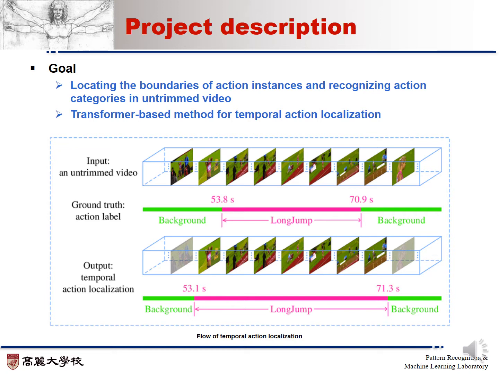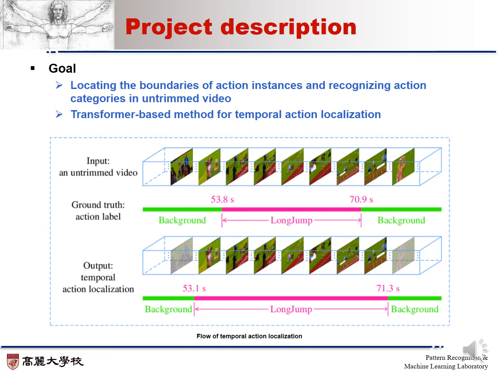This task has been studied for a long time, but recently some attempts have been made to apply a transformer to efficiently utilize temporal information. In line with this, the project was also selected as a transformer-based temporal action localization task.